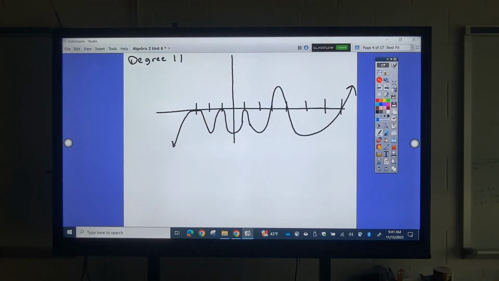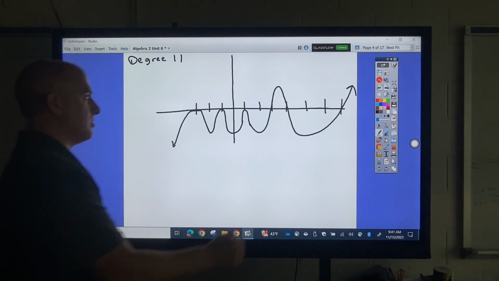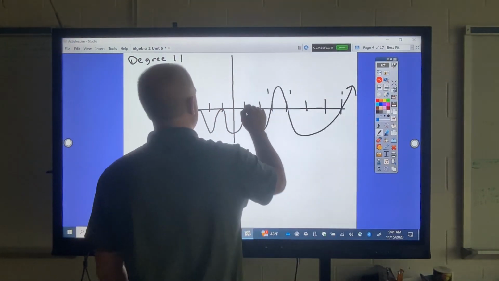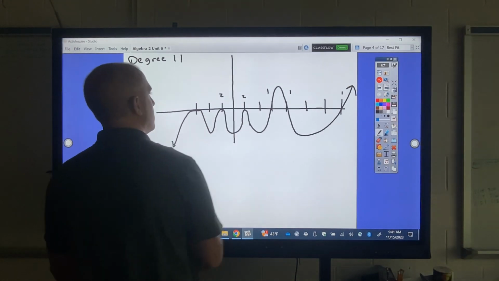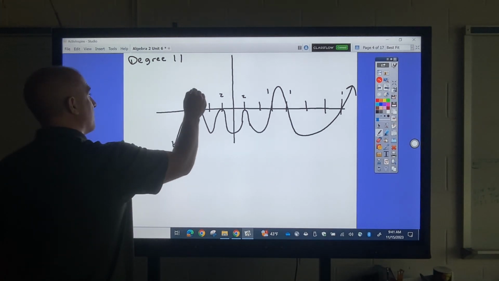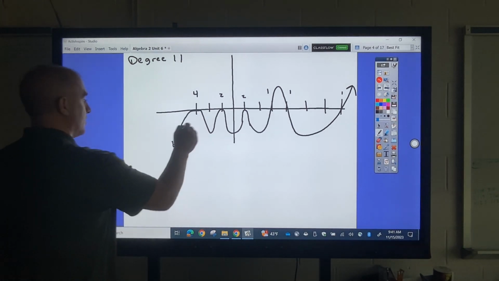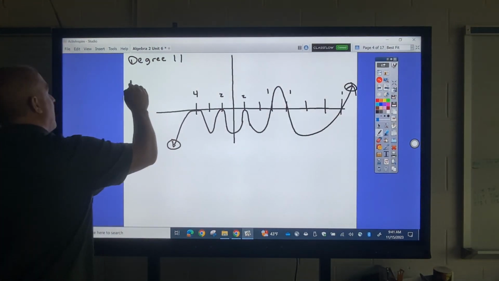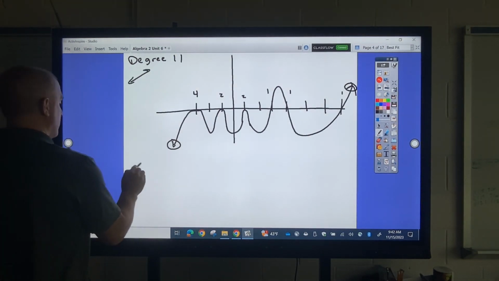Okay, degree 11. Okay, so this is going to count for 1. This is going to count for 1. This counts for 1. Let's say 2 and 2. So that's 1, 2, 3, 5, 7. So if it's degree 11, this has to count for 4. So my arrows are going to be odd positive. Okay, so I'm good there.